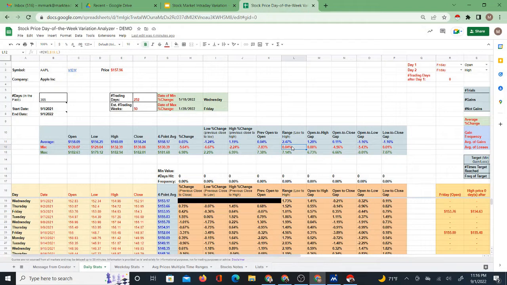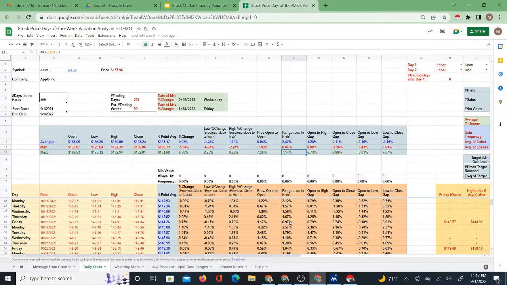This is the smallest range Apple has had in the past year, at least. Not in the whole history of Apple, but in the past 365 days, 0.84% was the minimum range, and 7.14% is the maximum. It's the highest range it has reached in the past 365 days.